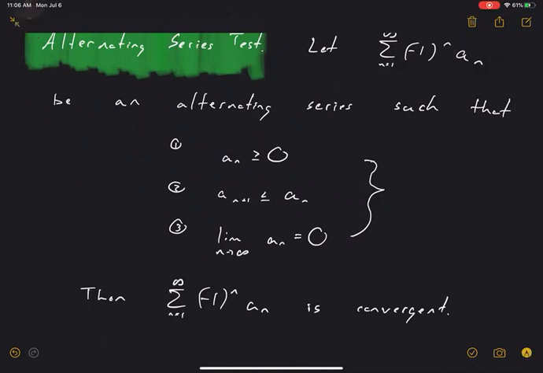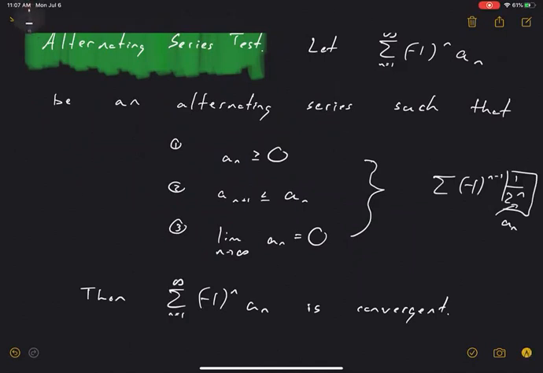Okay. So that means this a_n part has to be my numerical part, but it has to be greater than or equal to 0. So for example, when I had the series (-1)^(n-1) times 1 over 2 to the n, this 1 over 2 to the n would be my a_n. And I need to verify that this is greater than 0. Okay?